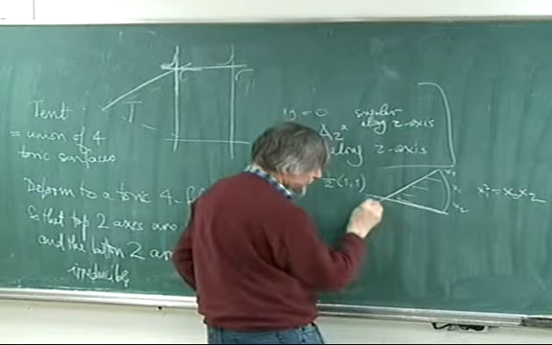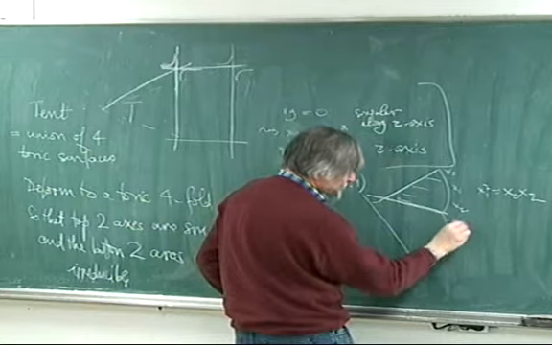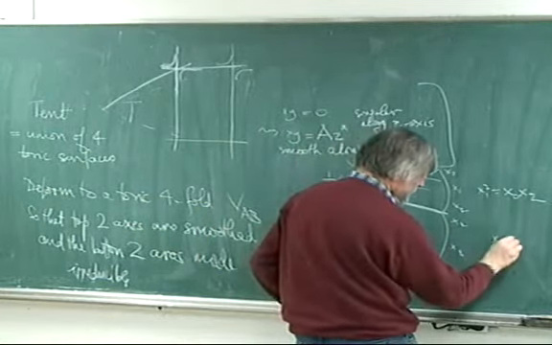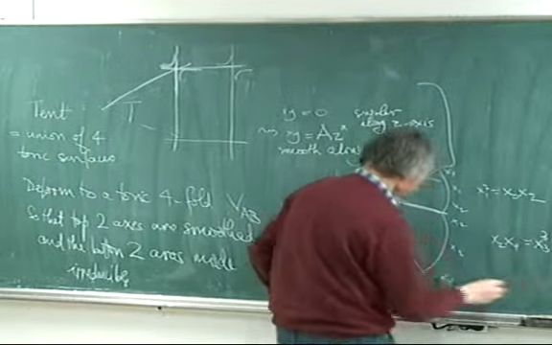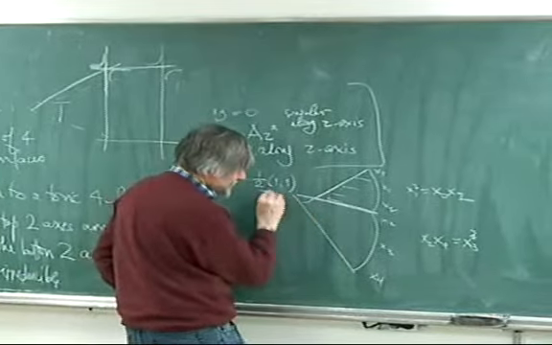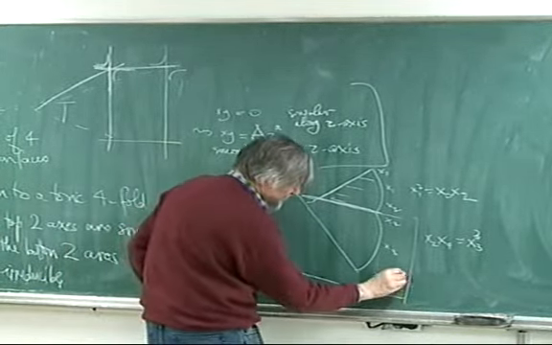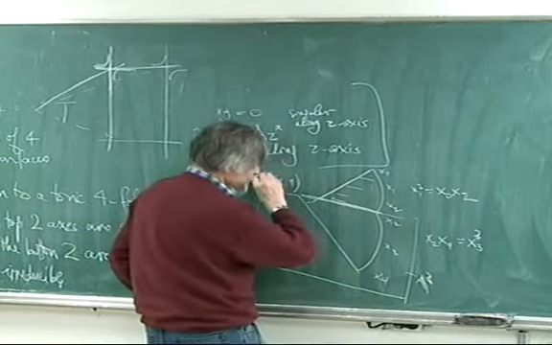And here I have another surface with coordinates x2, x3, x4, and I have x2 x4 equals x3 cubed, and this one is in A3, and this one is in A3.